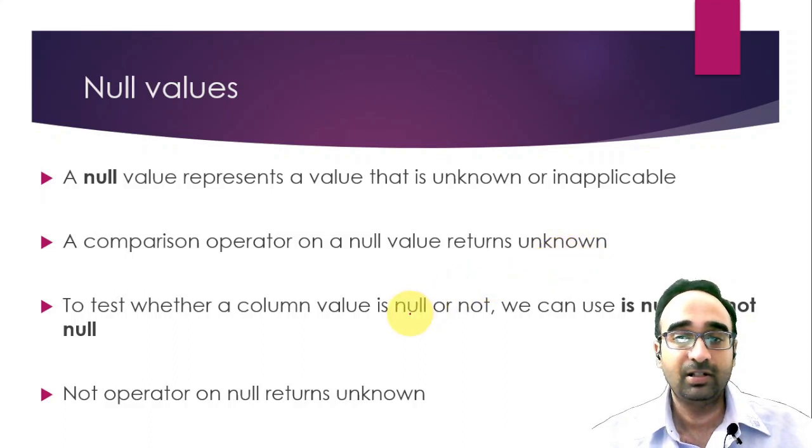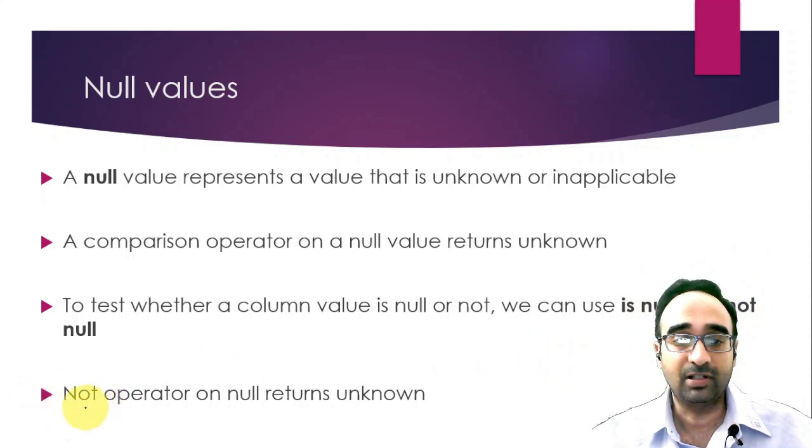And if you want to test in a table whether you have null values or not, or you want to return some rows based on whether a particular value is null or not, you can use the keywords IS NULL as well as IS NOT NULL. When the value is null, IS NULL is going to be true. When the value is not null, IS NOT NULL is going to be true.